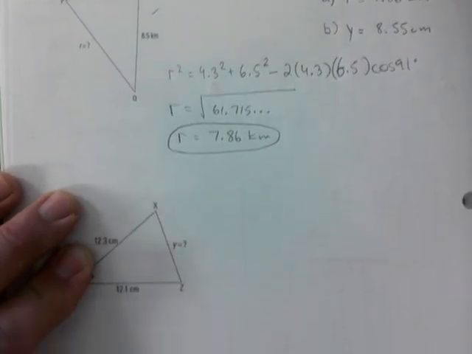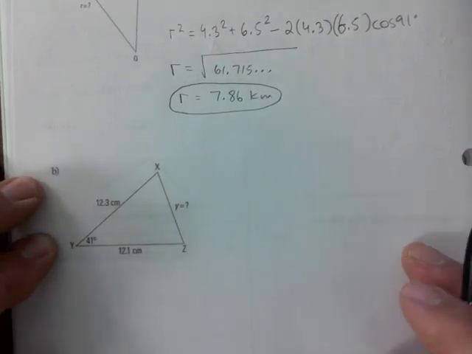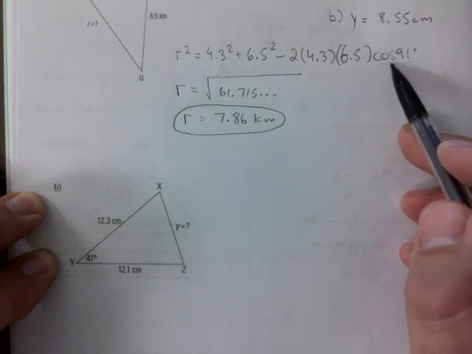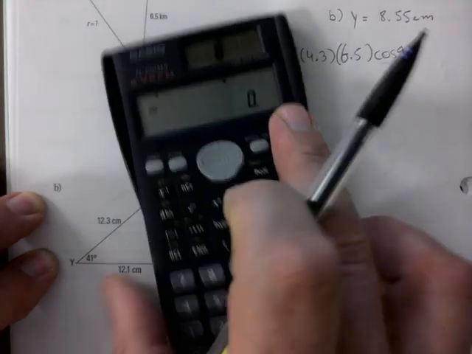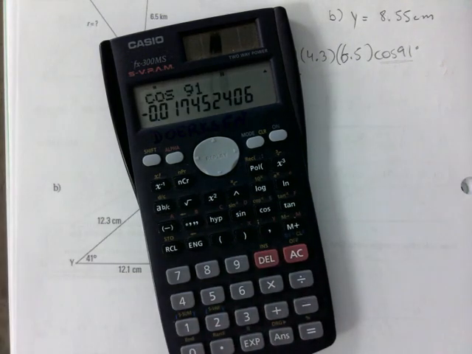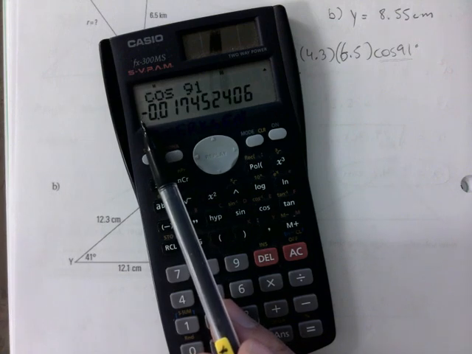Okay, so just be careful. I have to warn you, I think this is going to give you a negative. Let's just all do that real quick. So if you go cosine of 91, you are getting a negative. It doesn't affect us because I show you how to do it in one shot.